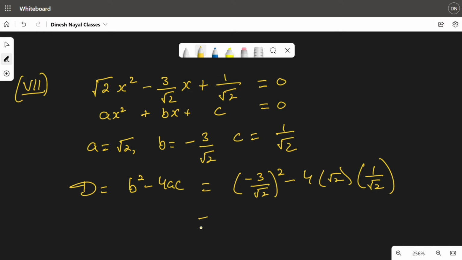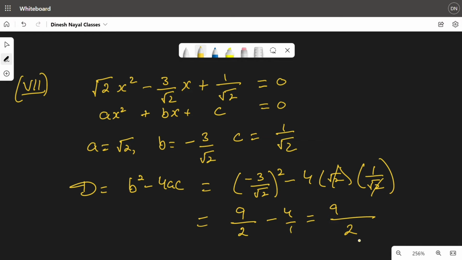So actually this becomes positive. This will become 9 and root 2 whole square will be 2 only. So 9 by 2. We can see root 2 will get cancelled. So 9 by 2 minus 4. Now taking the LCM. This will be 2 only.